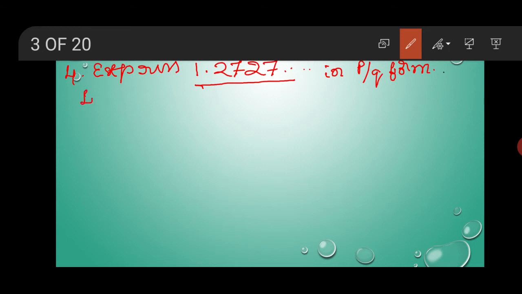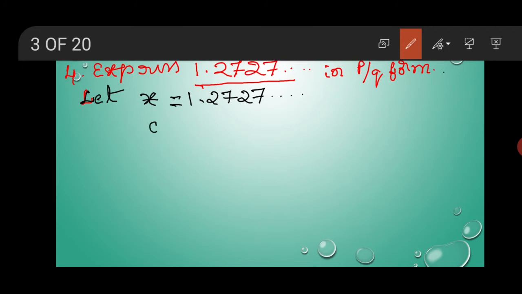Let x be equal to 1.2727 on and on. Now, how many digits are repeating? Only 2 digits are repeating after the decimal point.